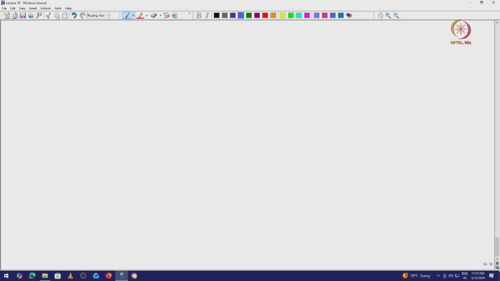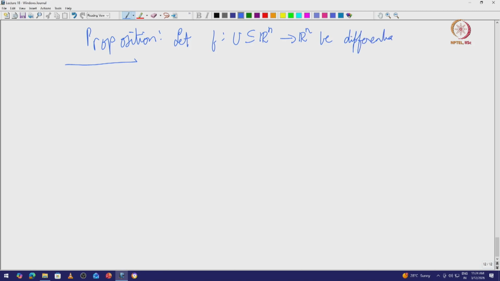So here is a small little proposition. Let f from U in Rn to Rn be differentiable at an interior point A in U. Okay.